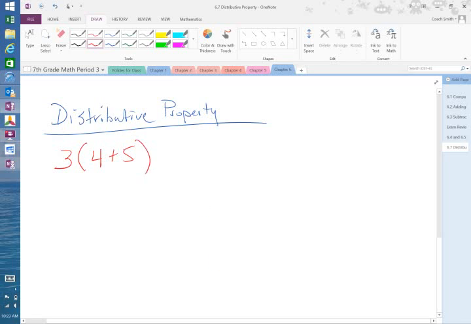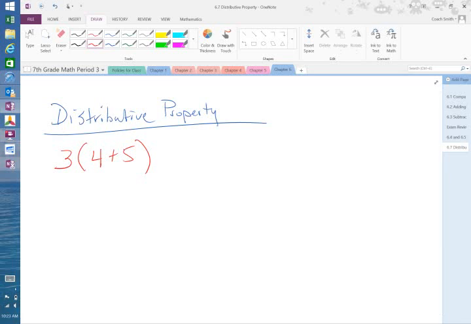We have a problem, 3 times parentheses 4 plus 5, okay? 3 times parentheses 4 plus 5. All right, now, when we talk about this, most of the time we have been taught that we follow order of operation. The order of operation says that we do parentheses, actually grouping symbols, then we do exponents, then we multiply or divide, then we add or subtract.